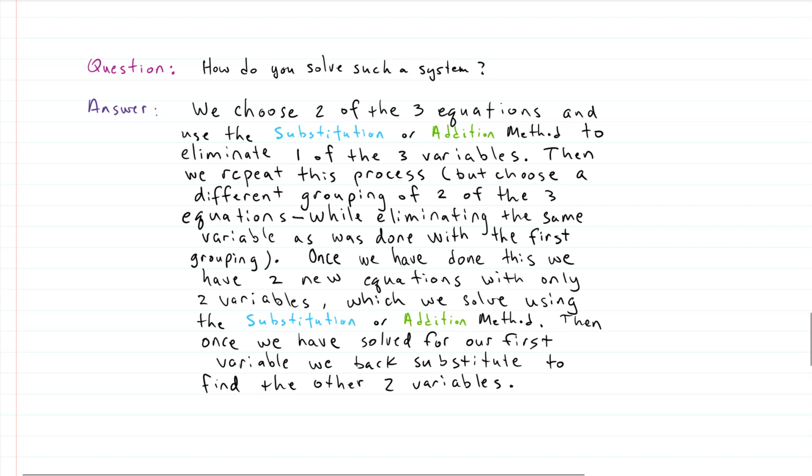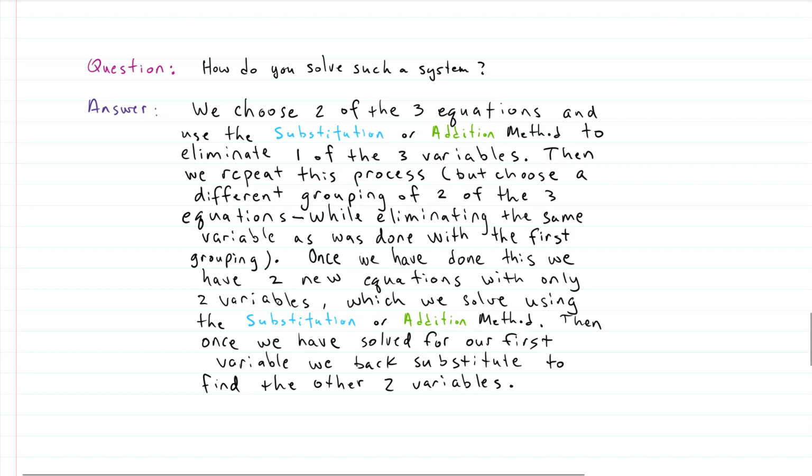If you aren't familiar with the substitution or addition method, then you should watch my videos on linear equations in two variables, because those are the two methods that are used to solve linear equations with just two variables. So solving linear equations with three variables is just one extra step.